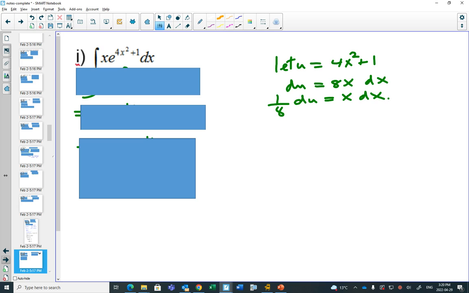So if you're thinking about highlighting things here, we are going to replace, if the highlighter ever starts working, the 4x squared plus 1 with the u. Wait for it. It'll get there. And I wanted to highlight in green. No, I wanted to highlight in yellow. I think the highlighter will work faster now.